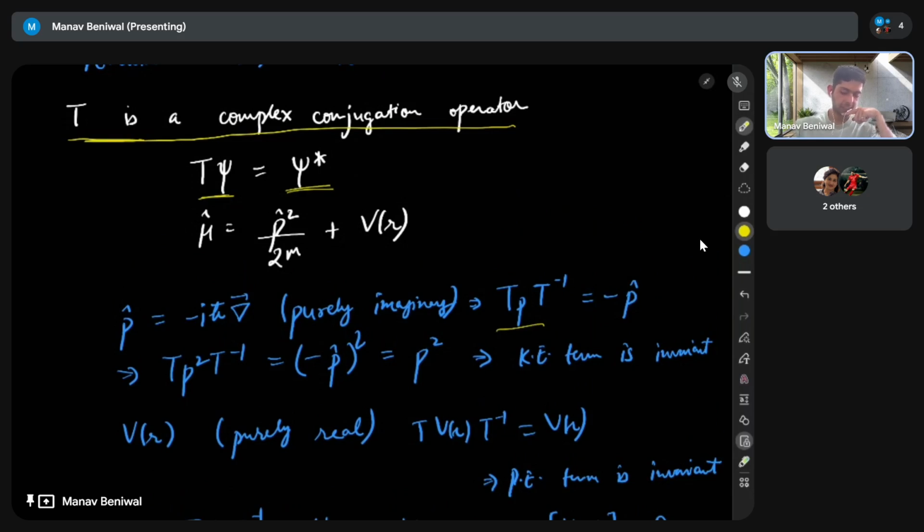Now notice that this operator is not giving us any eigenvalue. This is not an eigenvalue equation. So what we are doing here is a transformation. To determine if T commutes with the Hamiltonian, we are looking at how it transforms the position and momentum operators.